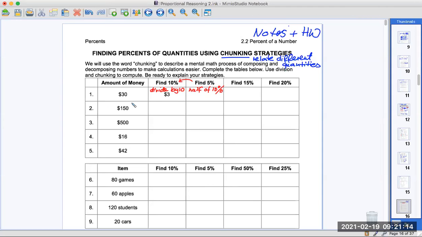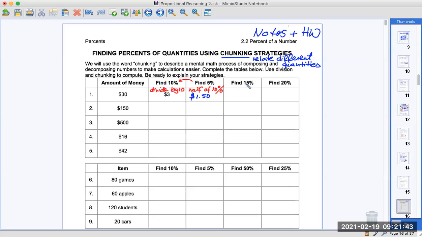Relate different quantities. So you're looking for clues to relate different quantities. So half of $3 means 3 divided by 2. So use your calculator. 3 divided by 2 is $1.50. And you always have 2 decimals when you write dollars and cents. 2 decimals, not just 1, okay?